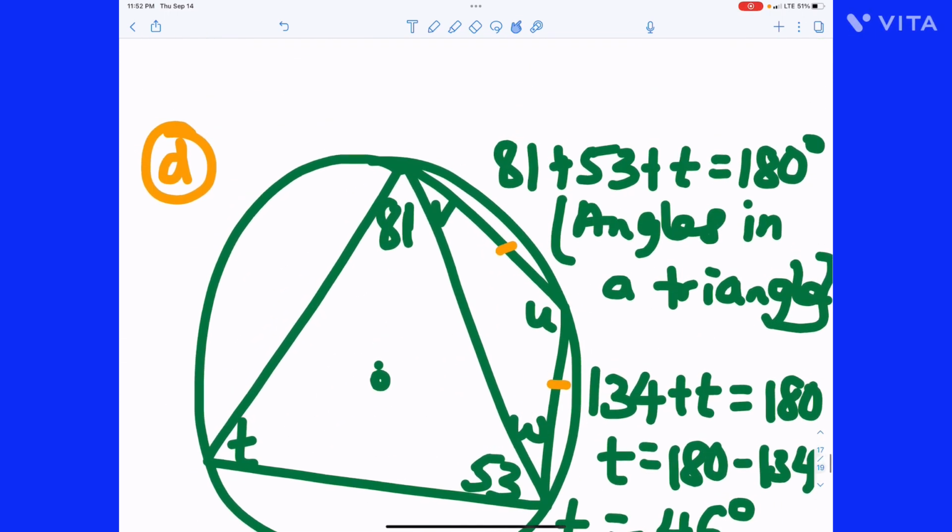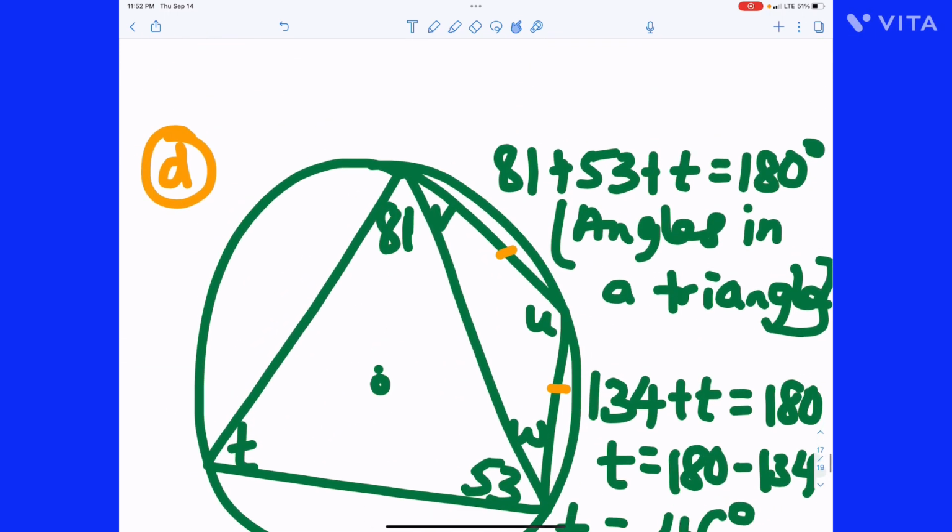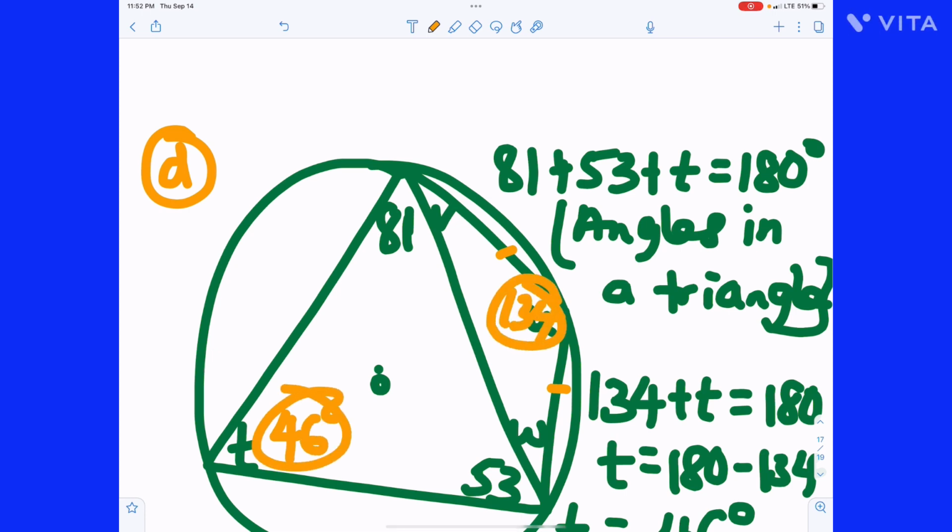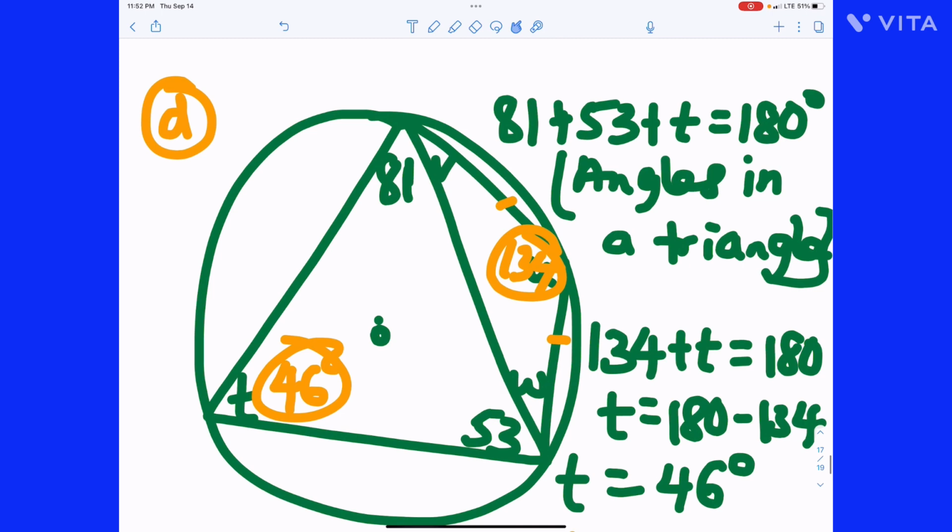Now, we know U is 134 and T is 46. And V and W are base angles.